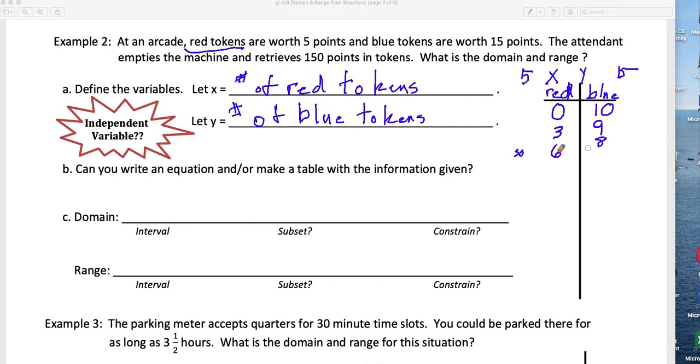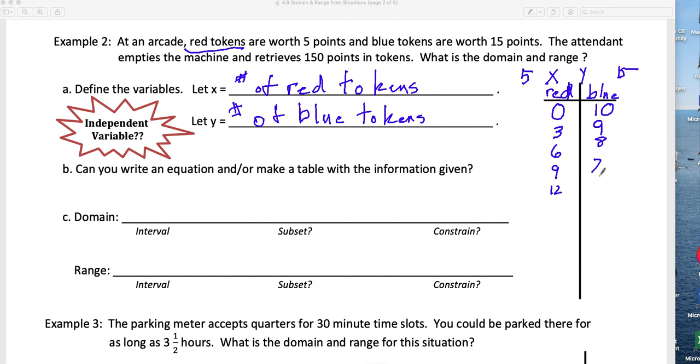Okay, it looks like if we increase the red tokens by 3s, then our blue tokens will decrease by 1. Let's see if that holds true, and we are going to 150 points. Okay, so 3, 6, 9, 12, and we're going to keep going.